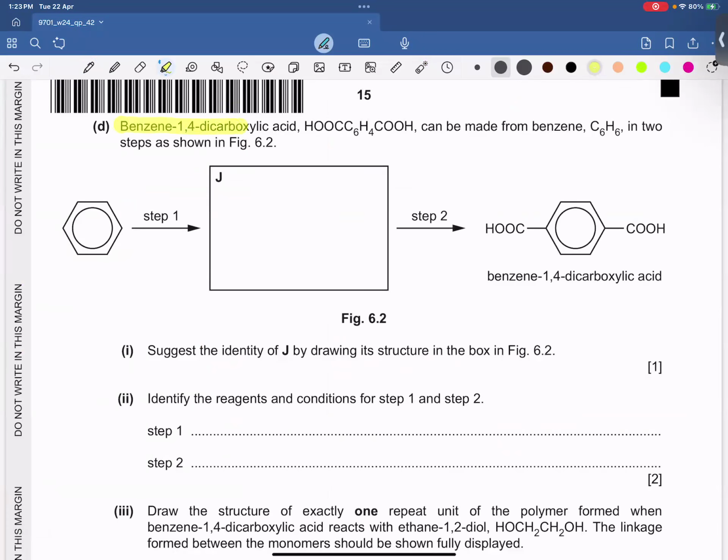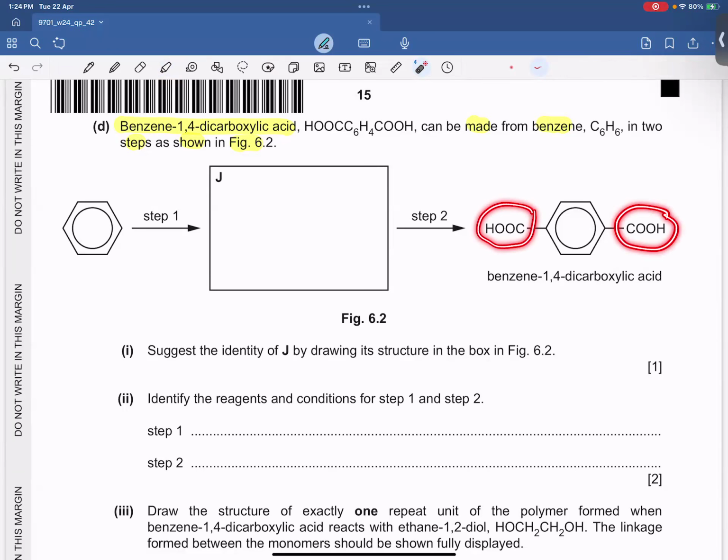Benzene 1,4-dicarboxylic acid can be made from benzene in two steps as shown in figure 6.2. I have already told you that COOH cannot be attached directly. In order to attach COOH, benzene has to undergo an alkylation process.